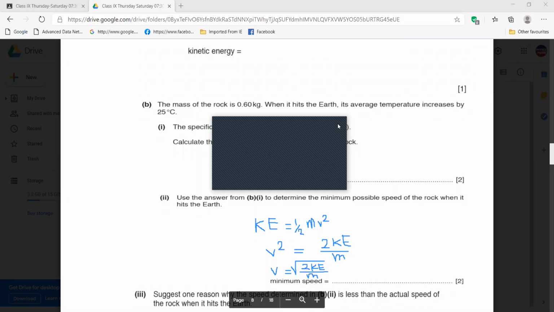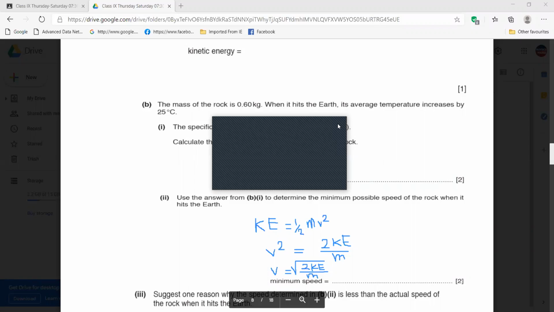Check it again. Square root of 2KE by m. Inside the square root you give a bracket. Then 2 multiplied by 8,400, then divided by 0.6, then close the bracket. Then check how much is coming.